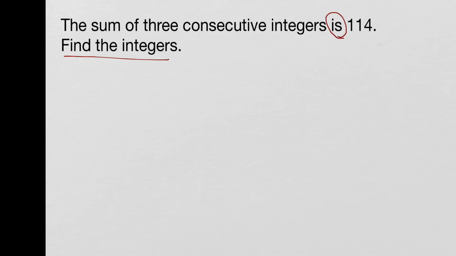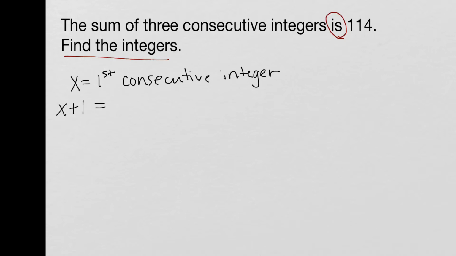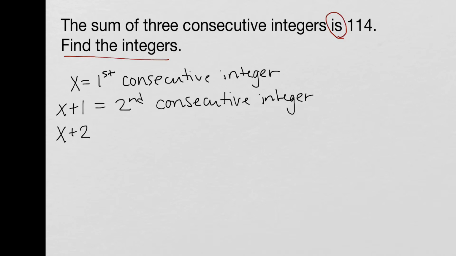That means that if x was our first consecutive integer, to get to the next one, we have to add 1. And since we want the sum of 3 consecutive integers, we have to go to the next one, so we add 1 more. That gives us x plus 2.